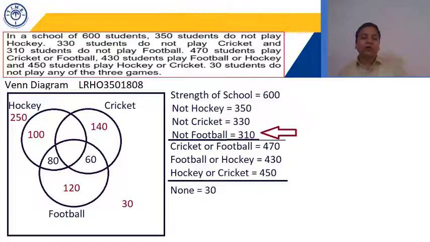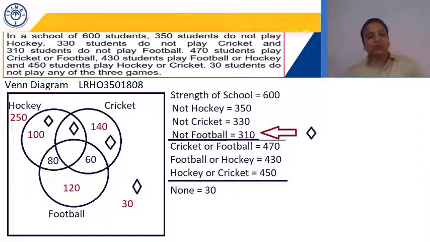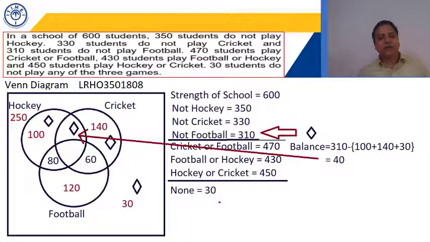Then look at not football. Not football is 310, so anything outside football, the sum has to be 310. Outside football, how many regions are there? 4, and 3 we already know. So not football is represented by this quadrilateral figure. 3 values we know, so 310 minus 100 minus 140 minus 30 gives the value of this unknown region. 100 plus 140 is 240, plus 30 is 270.